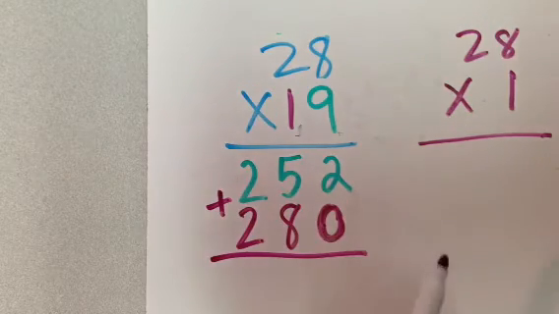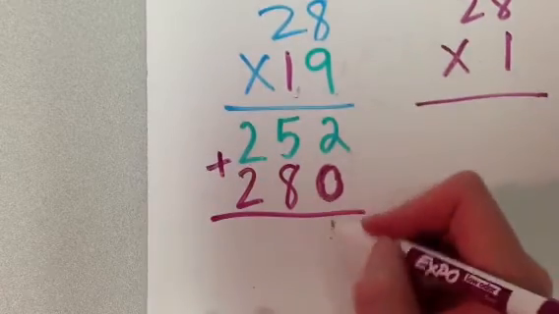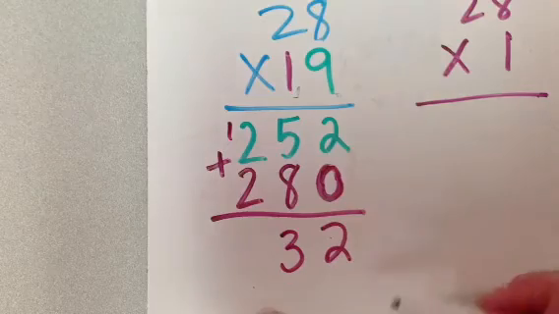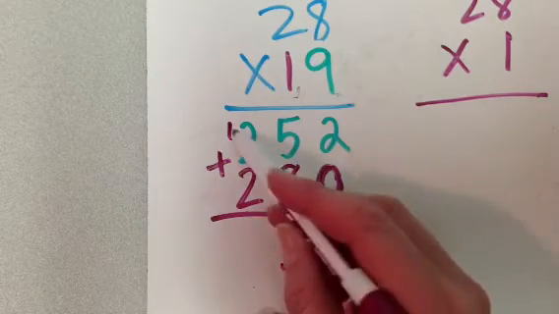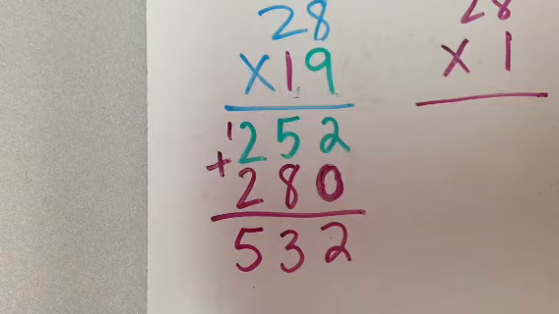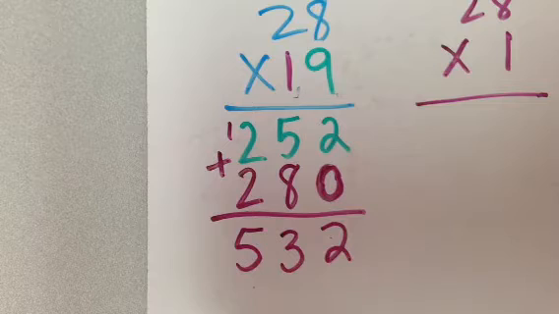Now I'm going to add these two things together, okay? 2 plus 0 is 2. 8 plus 5 is 13. 1 plus 2 is 5. And I find out that 28 times 19 equals 532.